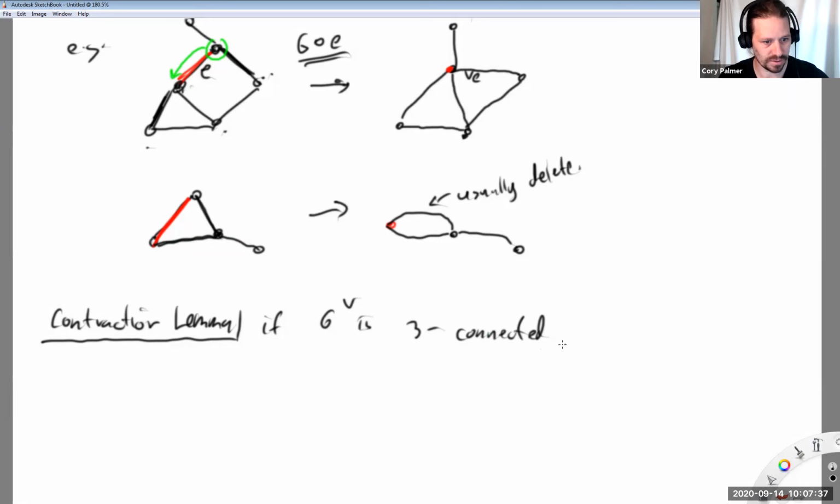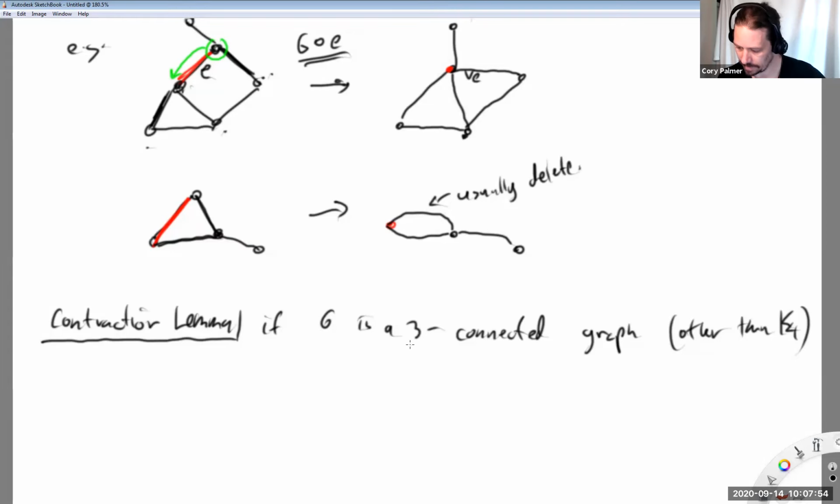Let's say if G is a 3-connected graph other than K4. The complete graph K4 on 4 vertices is 3-connected by definition, but this lemma does not apply to K4.